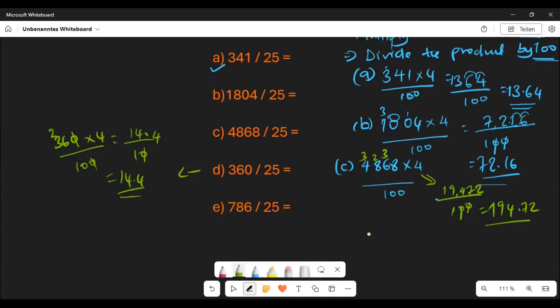So let's do the last one, which is E. It's the same. What is 786 multiplied by 4 over 100? The denominator is the same, so we still have 100. What is 4 times 6? We have 24.